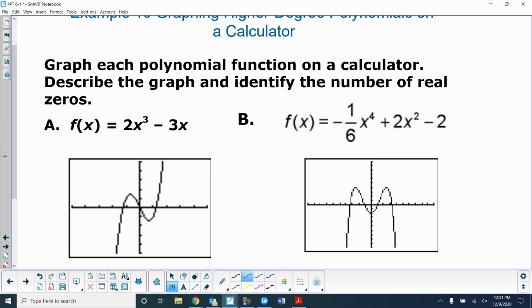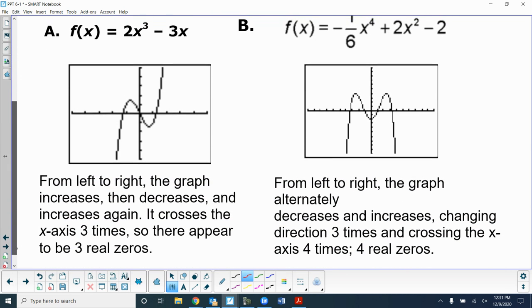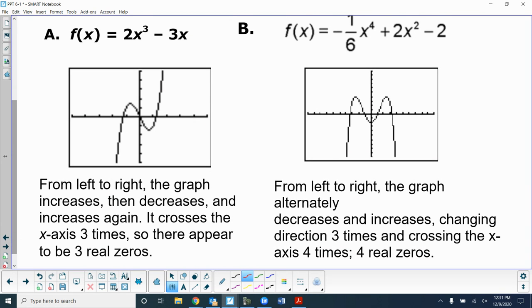That happens 90-something percent of the time. Not every time, but the way they describe the graph, you always describe it from left to right. So it increases, and then it decreases, and it increases, right? It crosses the x-axis 3 times, so there's 3 real zeros.